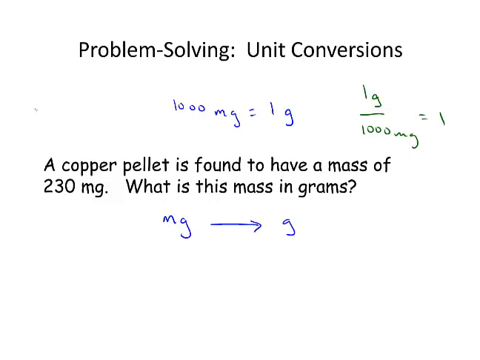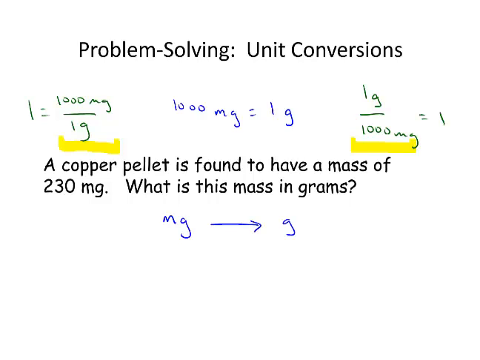We could also flip it over the other way and say 1 is equal to 1,000 milligrams over 1 gram. These two expressions, 1,000 milligrams over 1 gram or 1 gram over 1,000 milligrams, are both equal to 1, and they're what we call conversion factors for converting from one unit to another.